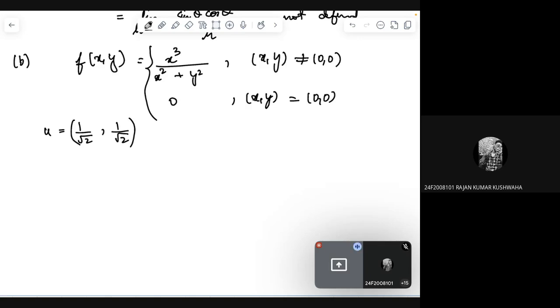Why? Because we have considered one example where the directional derivative exists in all directions, right? So when you solve it, you'll get something like this.